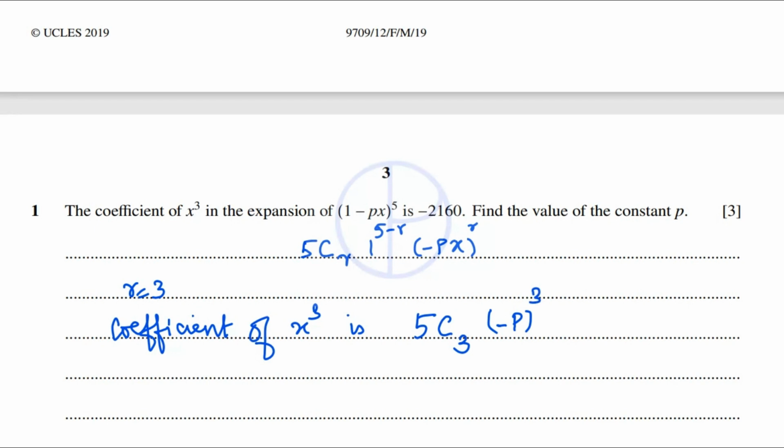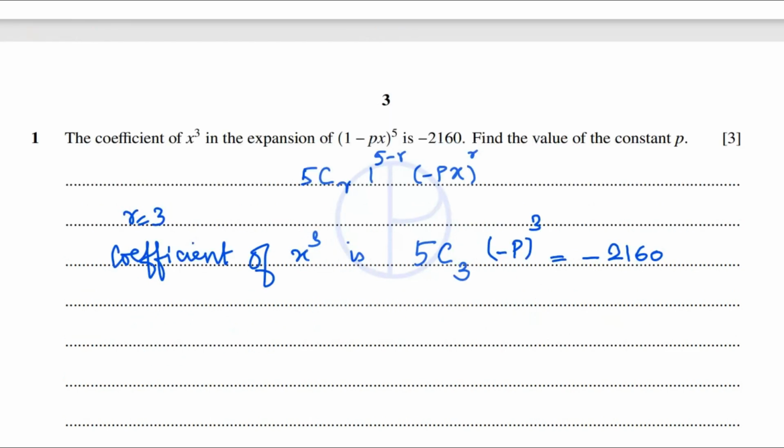It's given this is equal to minus 2160. 5C3 is 10. So 10 multiplied by negative p cube equals negative 2160.